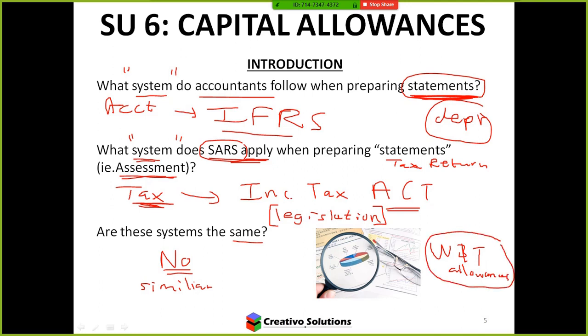In theory they're the same, but they're similar because tax rules and laws follow a slightly different process. For example, from an accounting point of view, you might have 5 years as the depreciation, but from a tax point of view, in terms of wear and tear, it might only be 3 years or it might be longer.